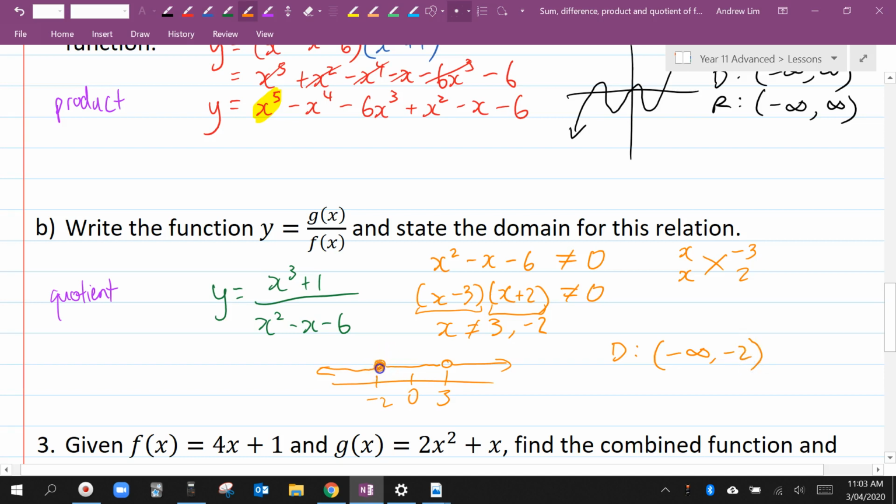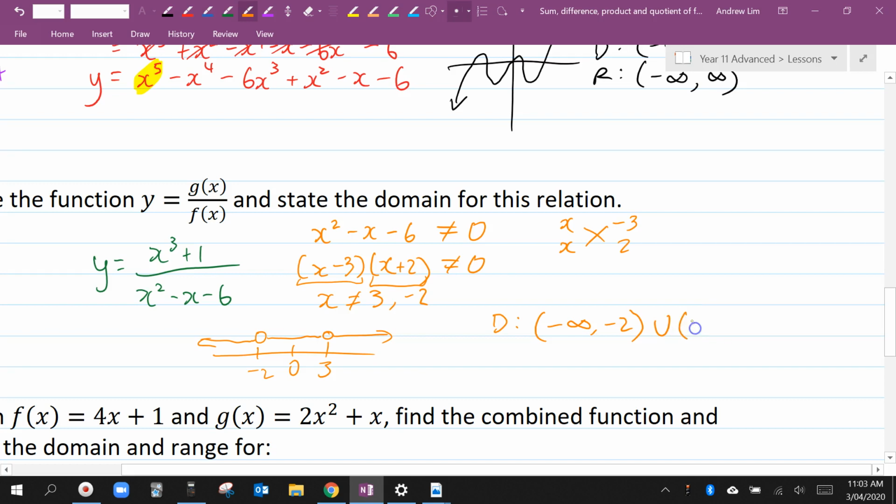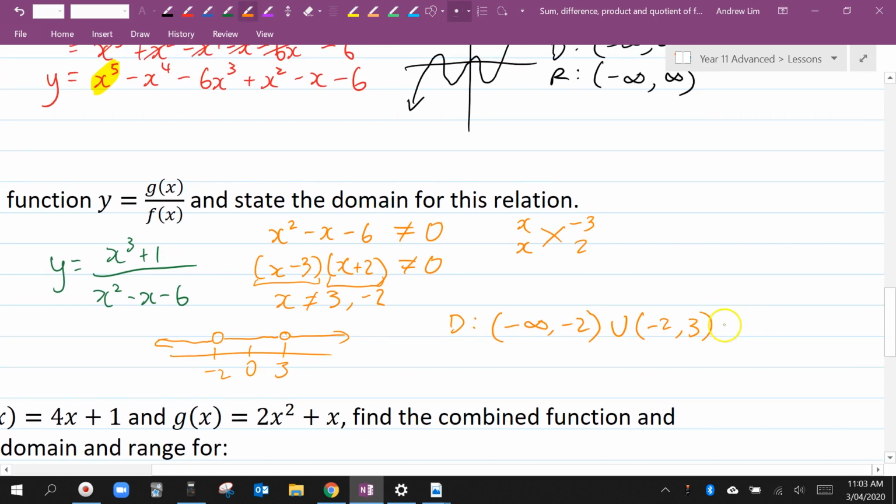If it was a closed circle, then we would use a square bracket. But we don't include it, so we use a curved bracket. Union from minus 2 to 3. Again, we use curved brackets because we don't include minus 2 or 3. Union from 3 to infinity. And that is the domain for this relation.